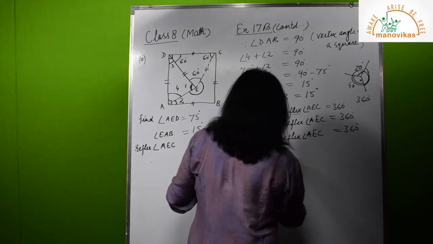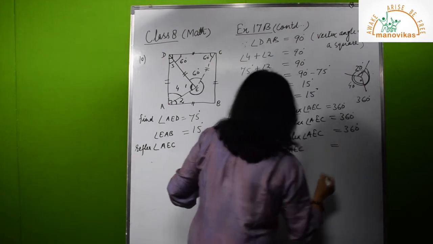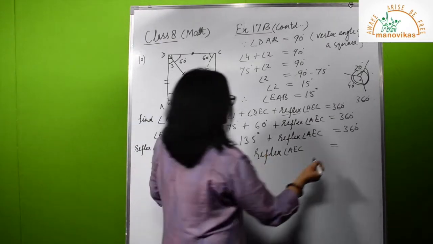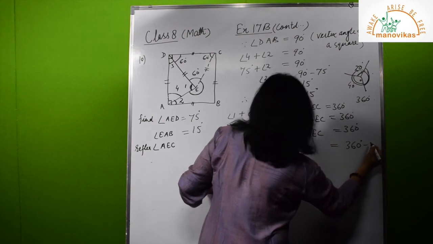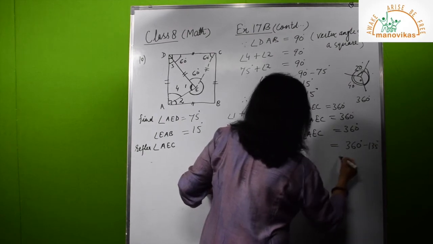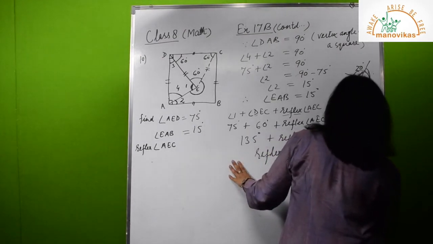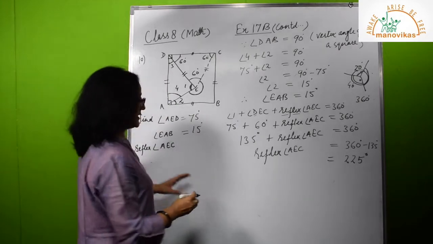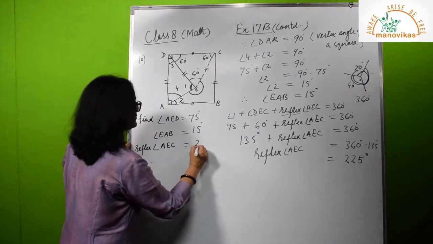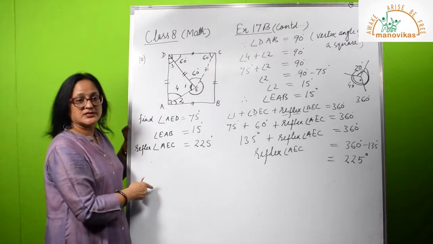So as you simplify the linear equation, in the same way we can find the value of reflex angle AEC. This is equal to 360 degrees minus 135 degrees. Now you can simplify this, and this is equal to 225 degrees. So this reflex angle AEC we have found as 225 degrees. I hope you have understood this question.